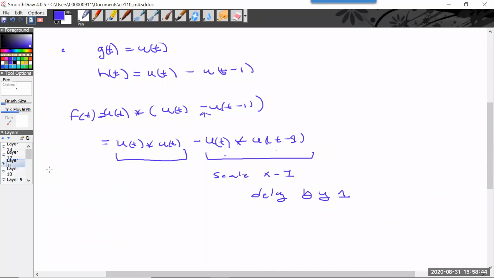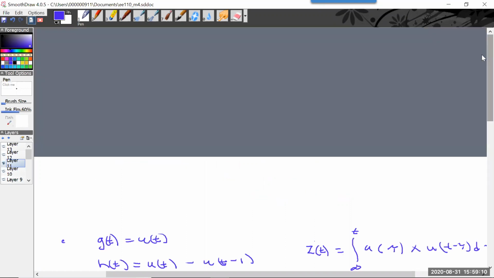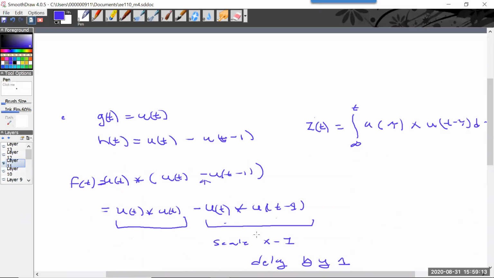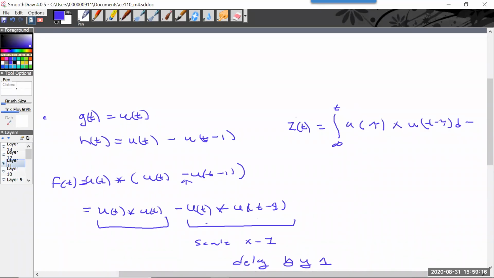And I don't have to show that kind of really complicated convolution integral, because I can just come up with the common one, u(tau) multiplied by u(t minus tau) integrated over tau, which by now we already know is r(t).